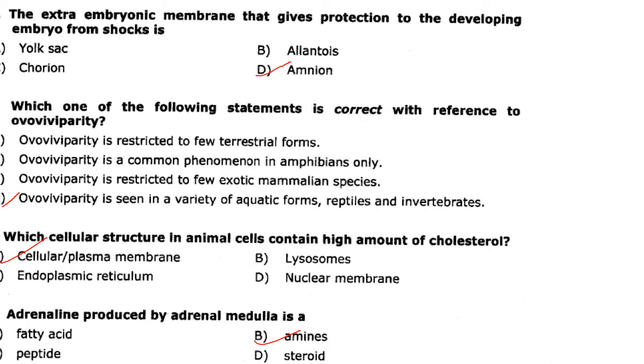Then next one. The extraembryonic membrane that gives protection to the developing embryo from shocks is? It is amnion. Answer is option D. Which one of the following statements is correct with reference to ovoviviparity? So ovoviviparity is seen in a variety of aquatic forms, that is reptiles and invertebrates.